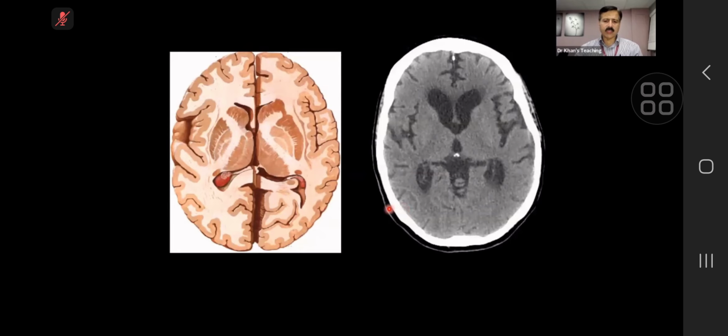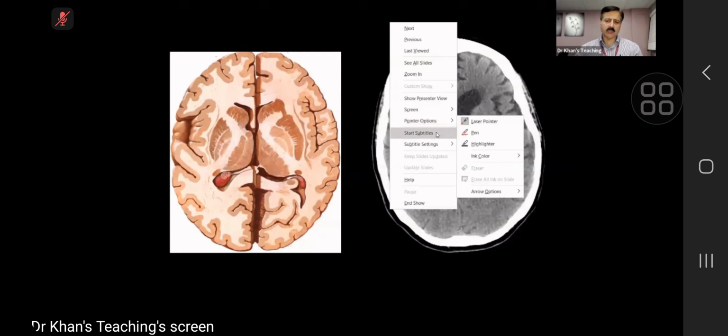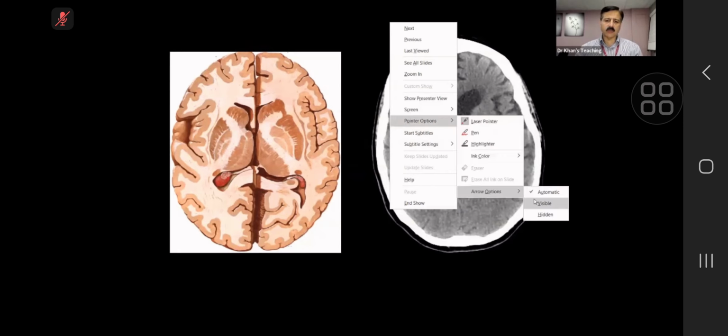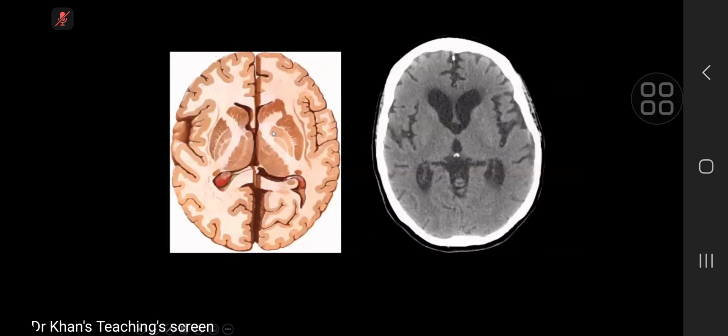So a bit of recap of anatomy. These questions which I am asking about anatomy have been asked in the exam. They are very simple questions, but if you know it, it becomes very simple. If you don't know it, it becomes difficult. So just a recap. This is the basal ganglia level, which is a very important level in stroke imaging, where this is what we call the deep gray matter.